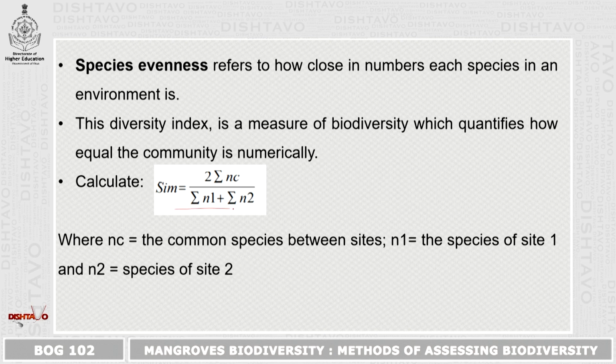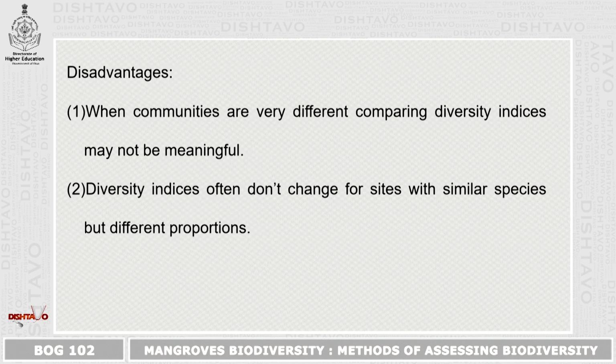This is the symbol which is used, where Nc is the number of common species between sites, N1 is the number of species of site 1 and N2 is the number of species of site 2. Disadvantages: when communities are very different, comparing diversity indices may not be meaningful. Diversity indices often do not change for sites with similar species but different proportions.